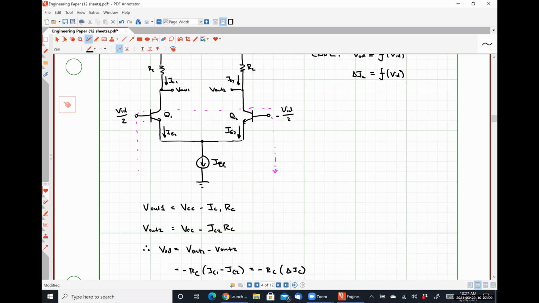And just so that we're clear here, I have some voltage VBE1 here, and I have some voltage VBE2 here. And I guess actually a better way to draw the path would be like this.